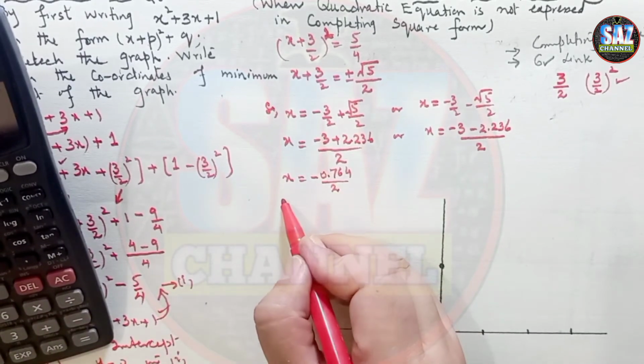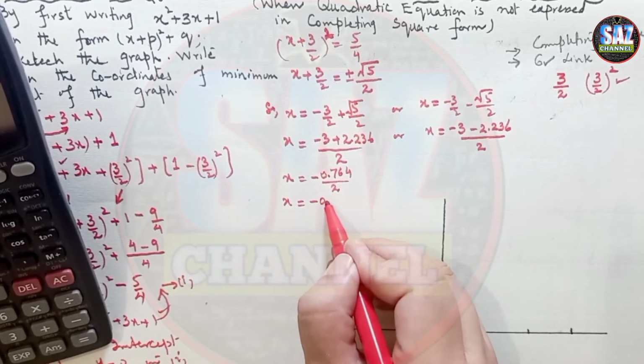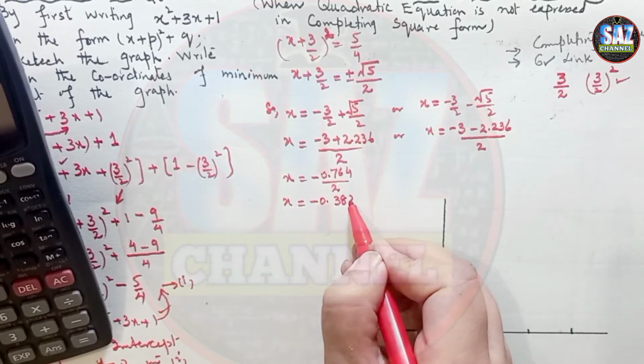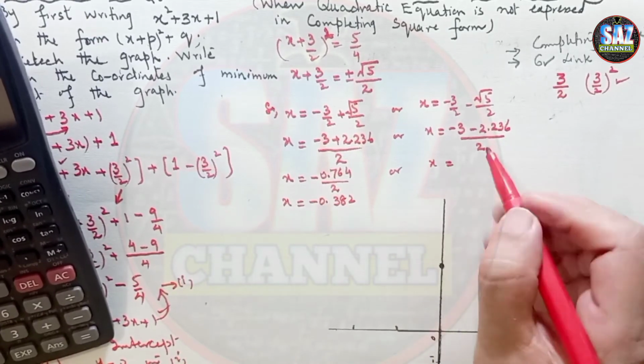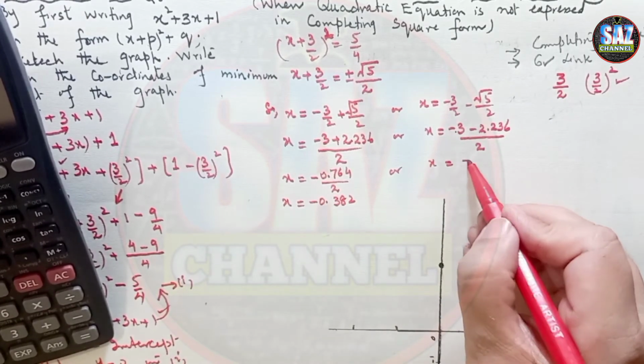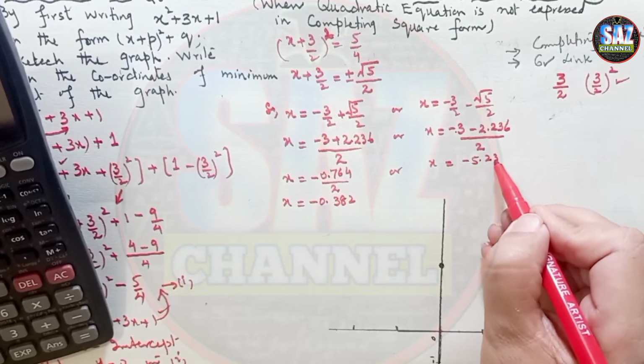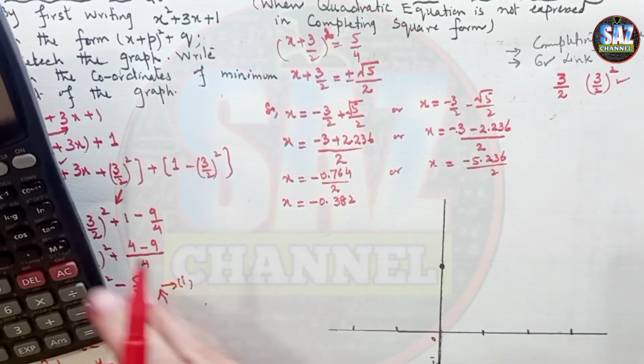So x equals minus 0.382, or x equals minus 3 minus 2.236, which is minus 5.236 upon 2.